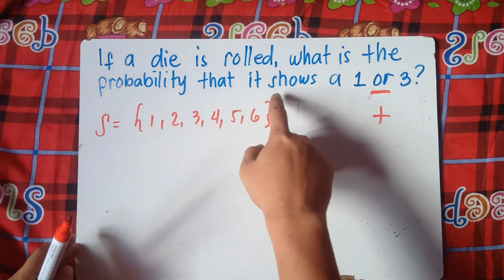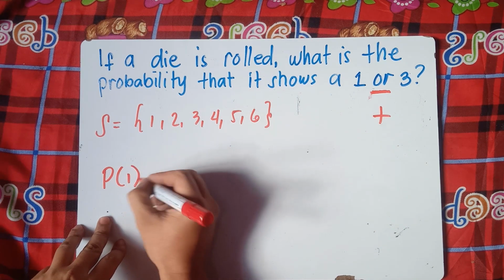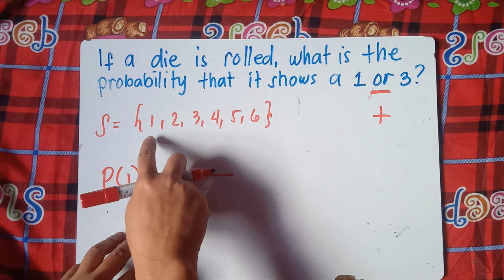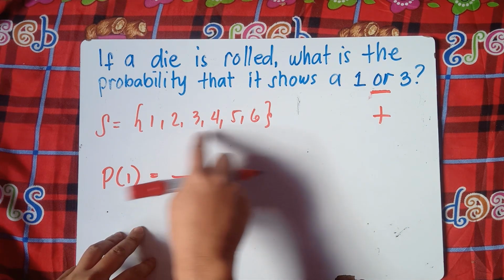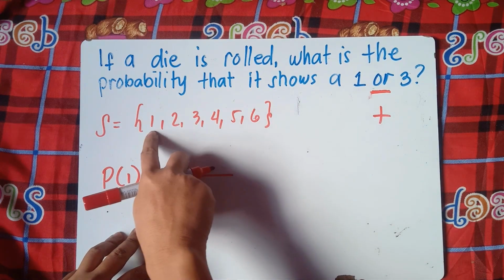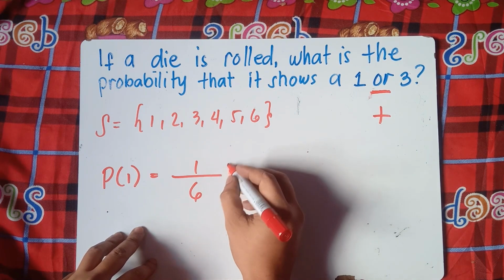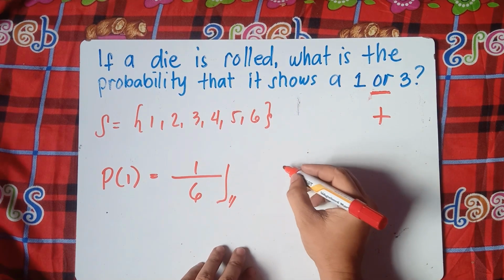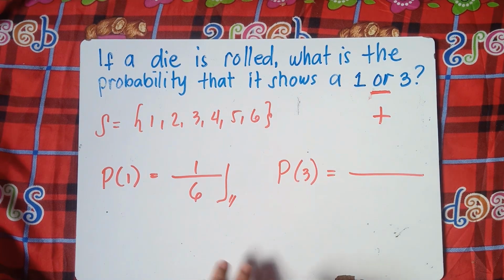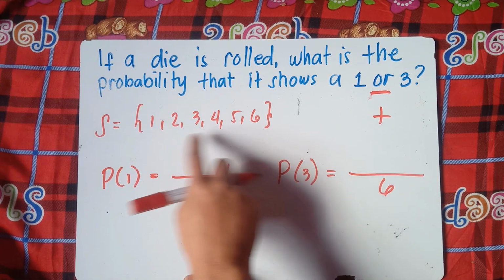Now the probability that it shows 1, let's start with 1 first. Of course, we have 6 possible outcomes, 1, 2, 3, 4, 5, 6. And getting 1, we only have 1 out of the 6 possible outcomes. So the probability of getting 1 is 1 over 6. And the probability of getting 3, we have 6 possible outcomes, and there's only 1 three out of the 6.